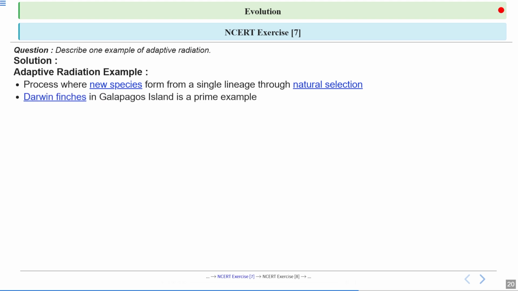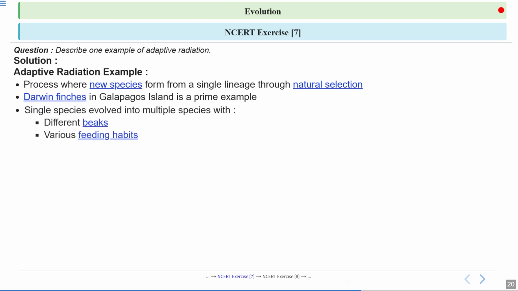Now, Darwin finches in the Galapagos Islands are the prime example of adaptive radiation. So there was an ancestral species, and from this ancestral species a number of different species evolved. So there was diversification. One ancestral species quickly diversified into many different species, each with a unique beak shape and size.